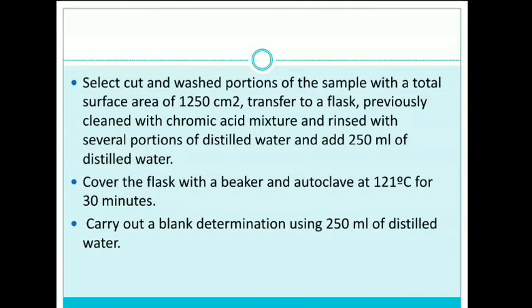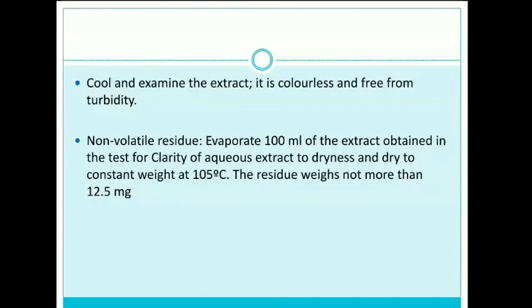Transfer to a flask previously cleaned with chromic acid mixture and rinsed with several portions of distilled water, and add 250 ml of distilled water. Cover the flask with a beaker and autoclave at 121 degrees Celsius for 30 minutes. In the same manner, carry out the blank determination using 250 ml of distilled water. After that, cool it and examine the extract.